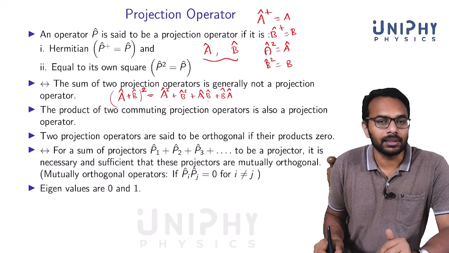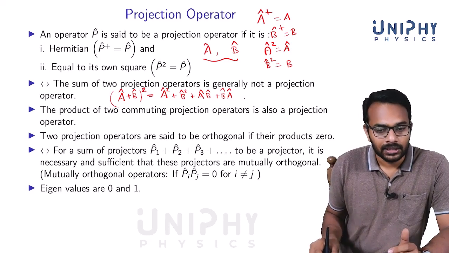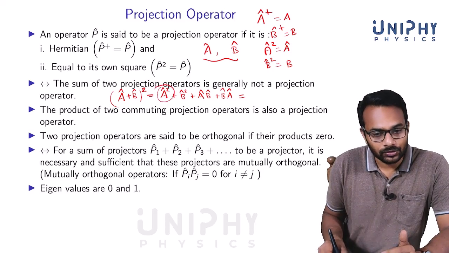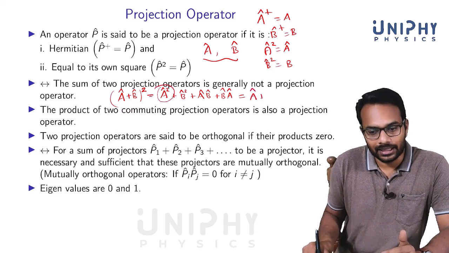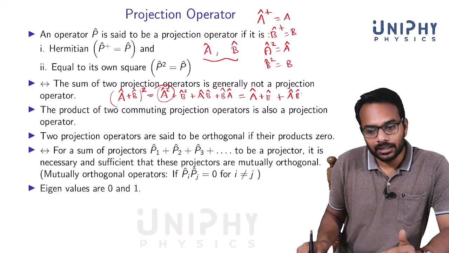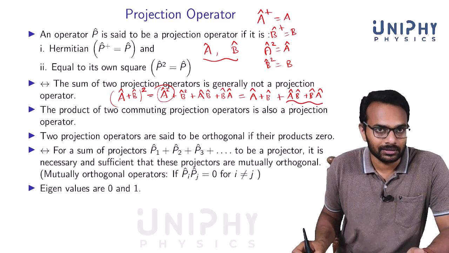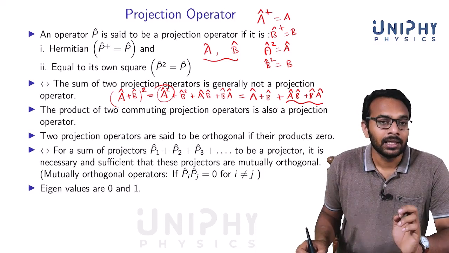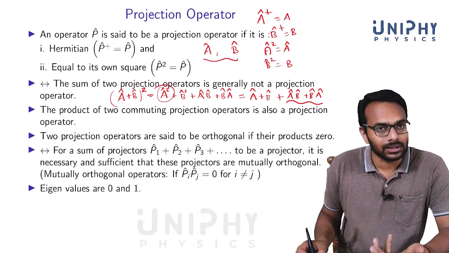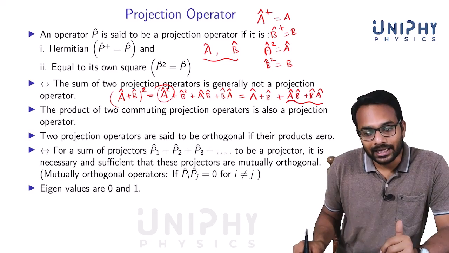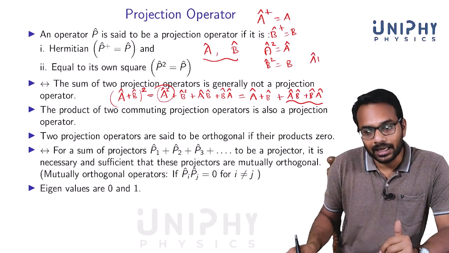Since A is a projection operator, A square is A, and similarly for B. So this is A plus B, and there are these terms AB plus BA. Now this part spoils it for A plus B. So A plus B is not a projection operator because A plus B whole square is not equal to A plus B.